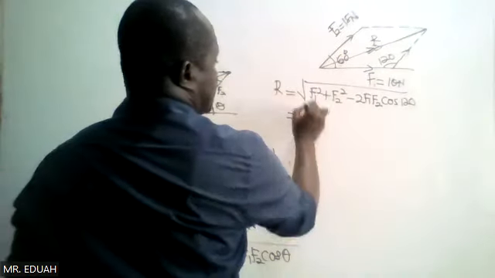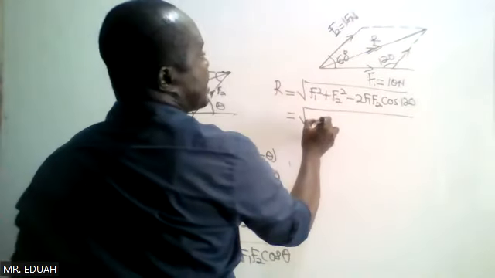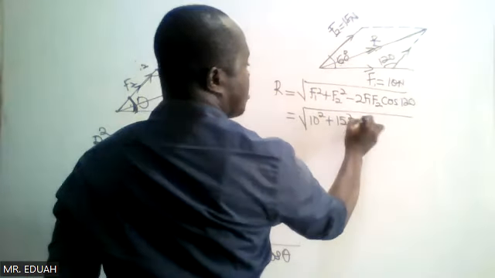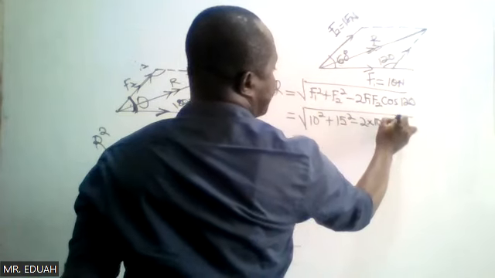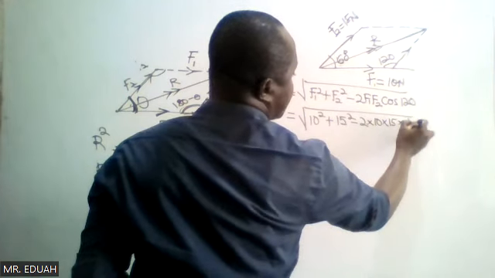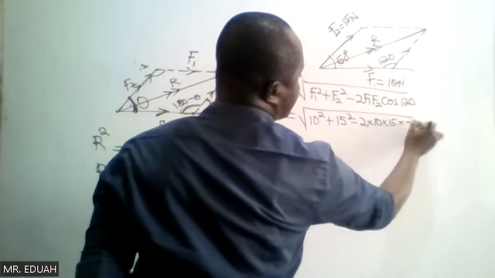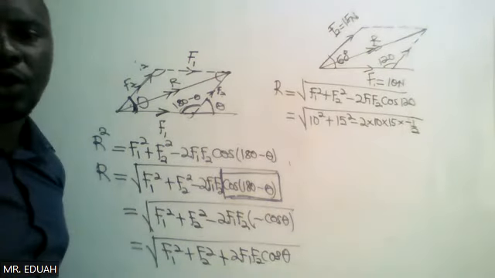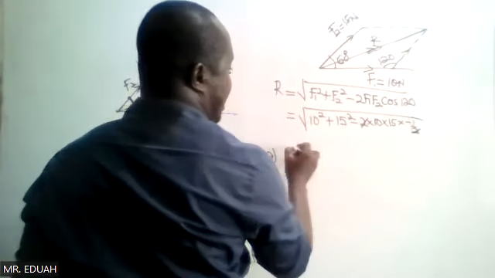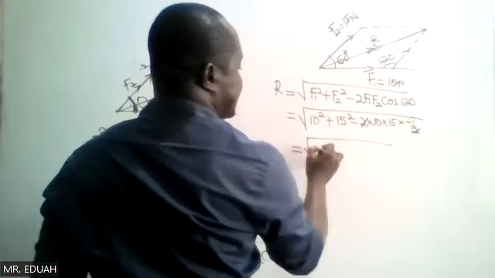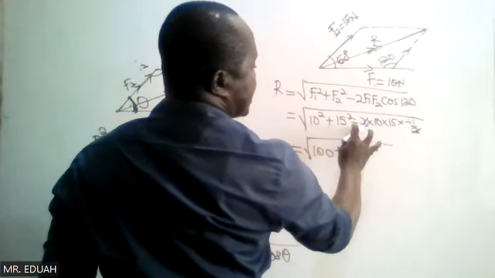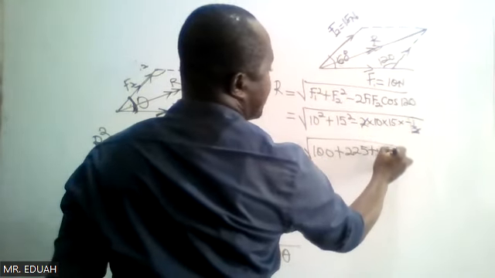Let me put in my values. F1 is 10 squared plus 15 squared minus 2 times 10 times 15 times cos 120, which is negative half. That's the value of cos 120. So the 2 would cancel this. So I have 100 plus 225, plus this negative, so plus 150.